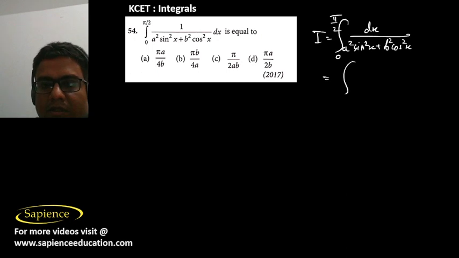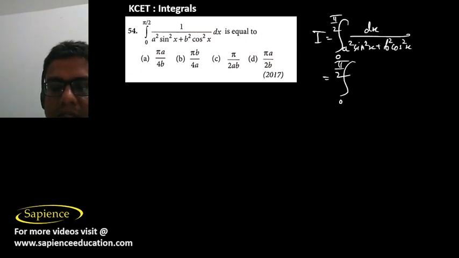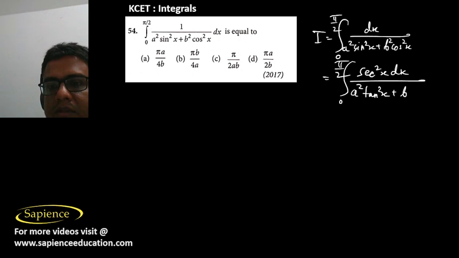This we can write as integral 0 to pi by 2. Here if we multiply and divide by sec square x, then we will get sec square x dx divided by sin square x by cos square x is tan square x. So this is a square tan square x plus b square.